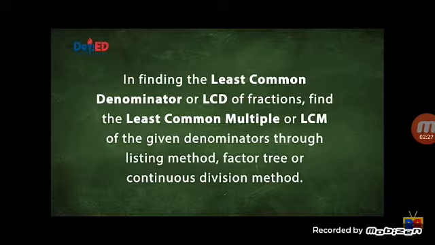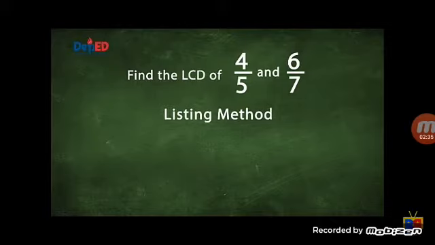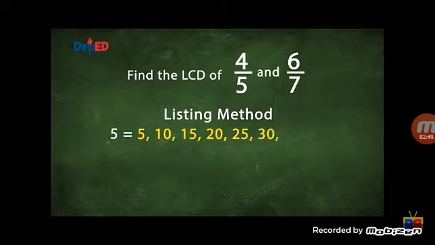Example, finding the LCD of 4/5 and 6/7 through the use of listing method by listing some of the multiples of 5 and 7. For 5, we have 5, 10, 15, 20, 25, 30, 35, 40.